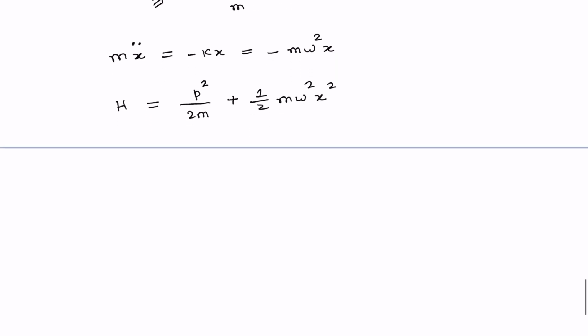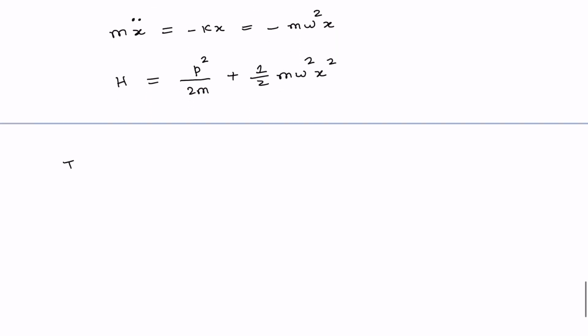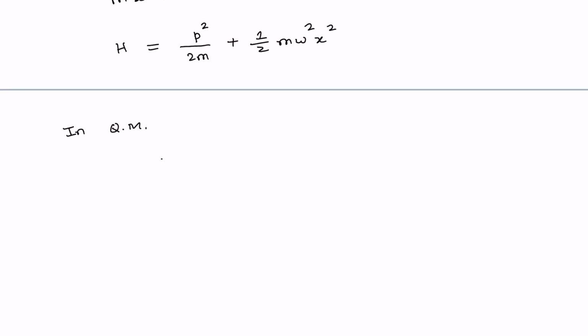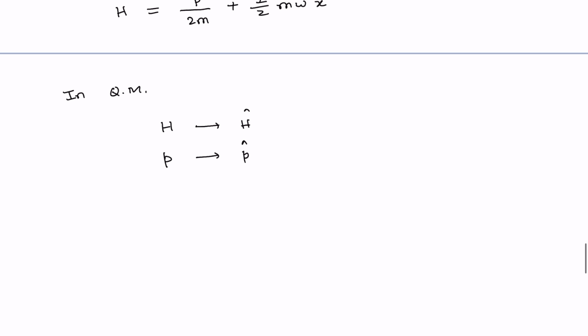And if we go over to the quantum regime, in quantum mechanics, we can again write down the Hamiltonian for the harmonic oscillator. However, because these are physically measurable quantities, H is now going to be represented by the operator H hat, and similarly p is a physically observable quantity, that is the momentum, so we are going to put a hat here, p hat, and x is going to be replaced by x hat.